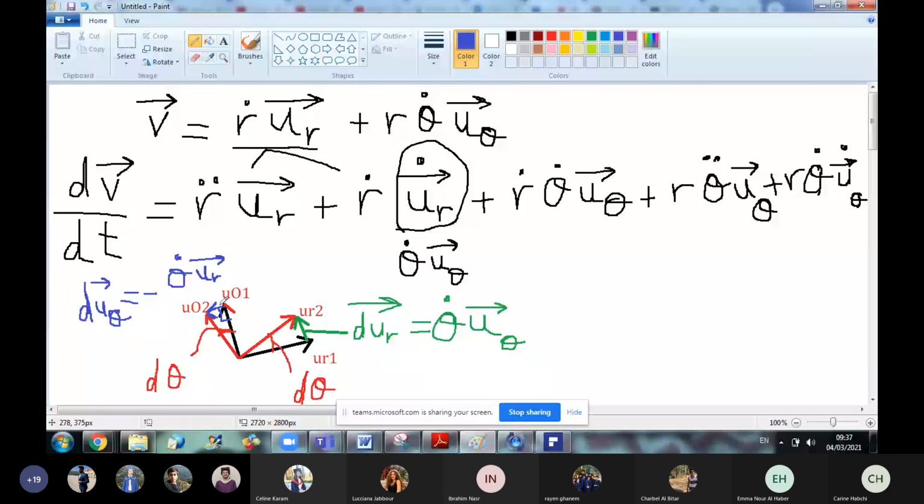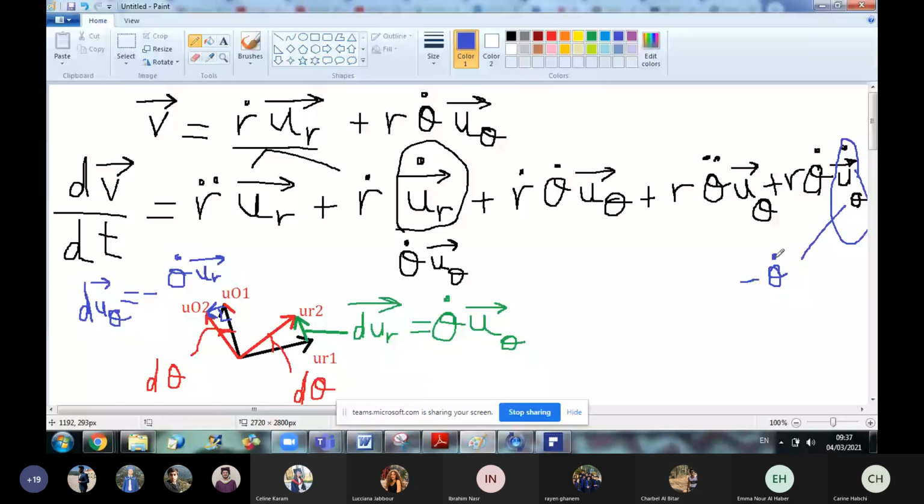So instead of writing plus theta dot unit vector, it's minus theta dot, because the unit vector here is minus UR, not plus UR. So now all I have to do is to replace u theta dot here by minus theta dot UR, and now I will take all components of UR together and all components of u theta together, and we will see what comes out.